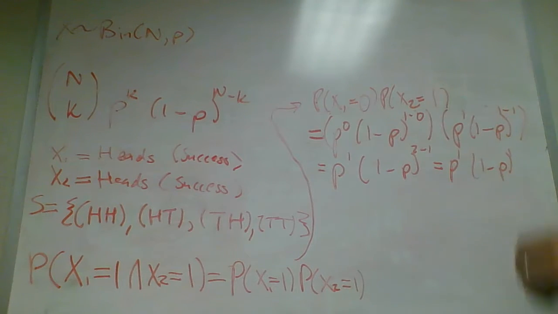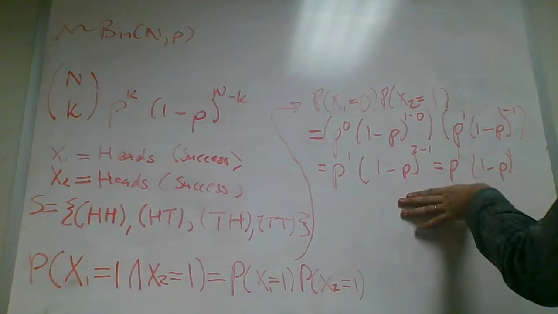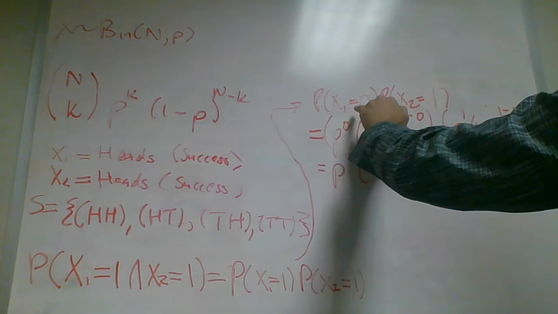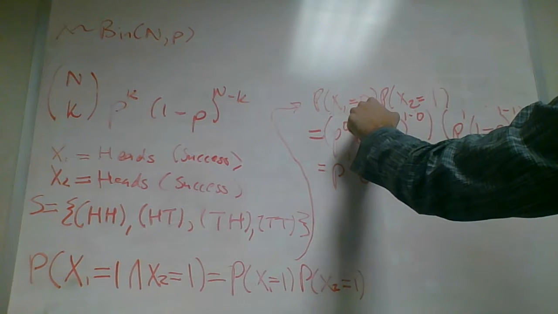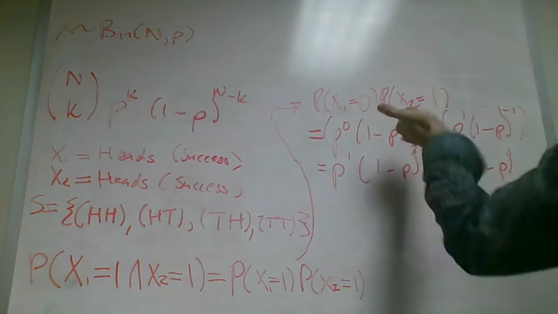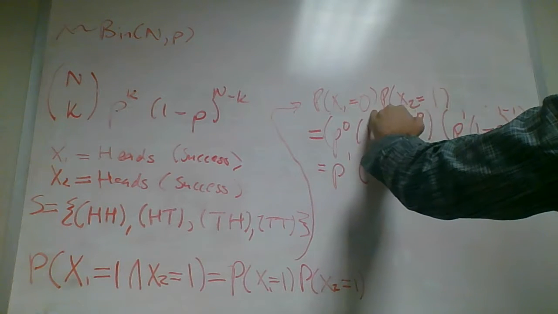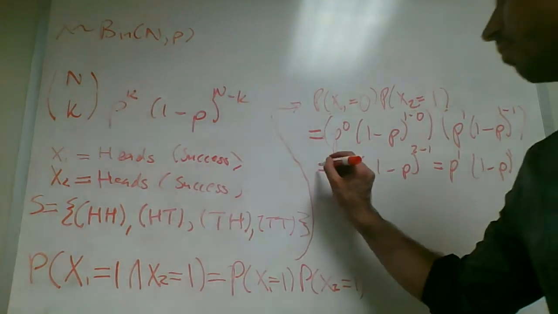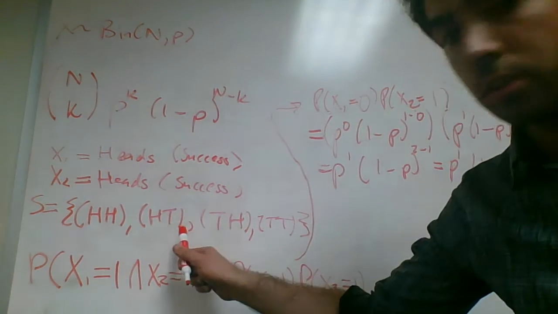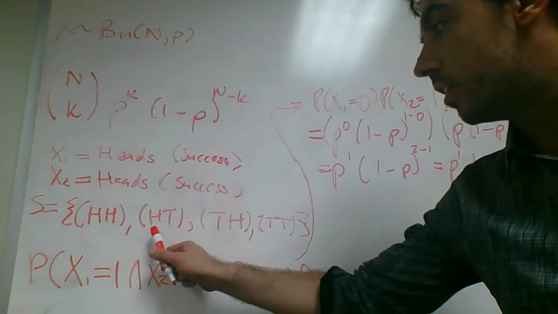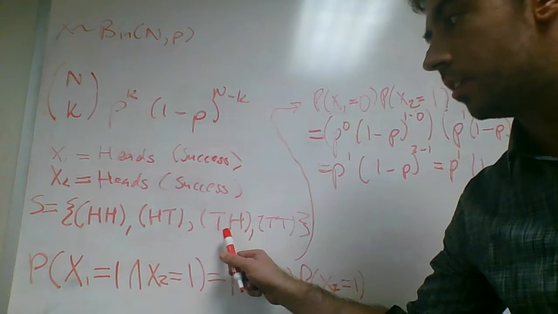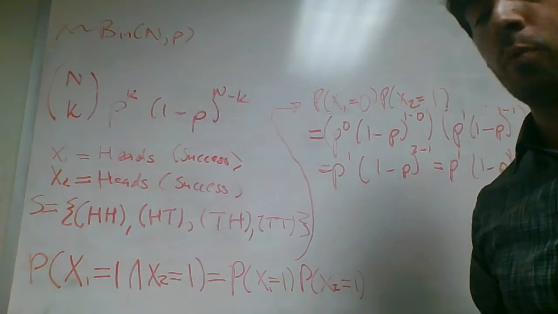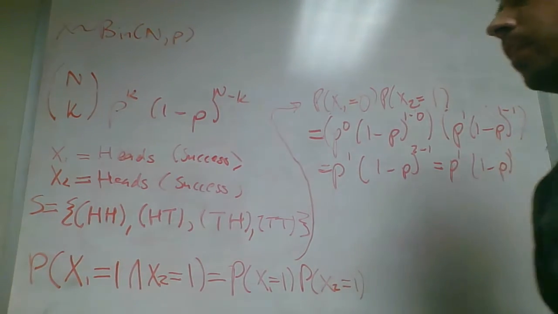In other words, I get the same probability back whether I put in the first trial being a success and the second trial being a failure, or if I flip it and have the first trial be a failure and the second trial be a success. I get the same thing. The reason is that if you look here at the sample space, there are two ways, this one and this one, to get one failure and one success.